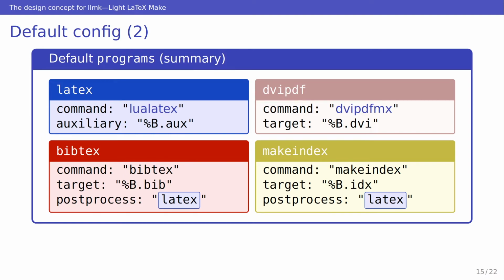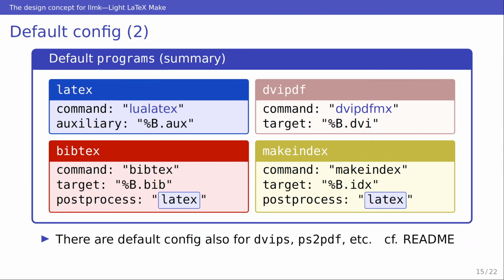As I said, lualatex command is used for the LaTeX program as default. And we use dvipdfmx for dvi, bibtex for bibtex, and makeindex for makeindex. And also, the LaTeX program is set as a hook of the post process for bibtex and makeindex, to make sure to rerun the LaTeX program after these programs are executed.